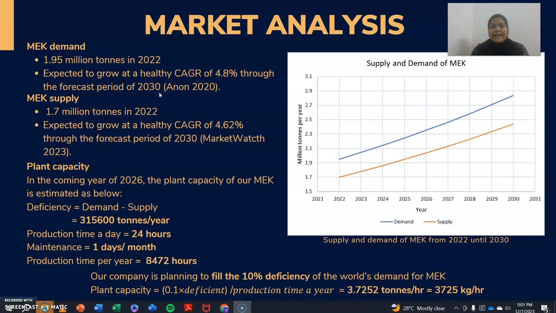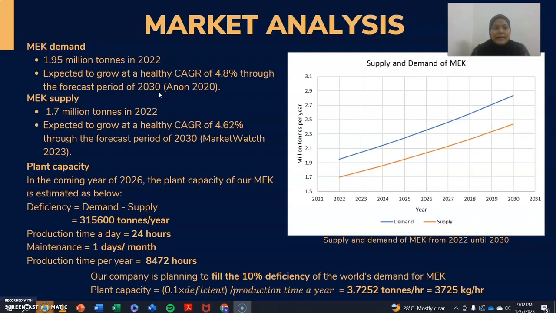Next, for market analysis, the MEK demand in 2022 is 1.95 million tons, and this value is expected to grow at a healthy CAGR of 4.8% through the forecast period of 2030.